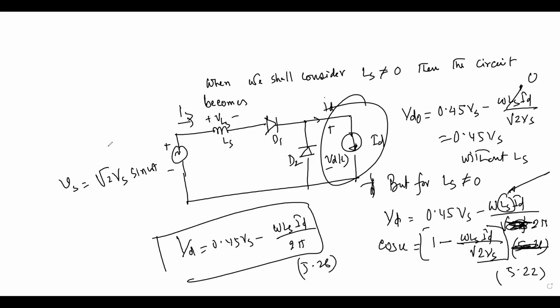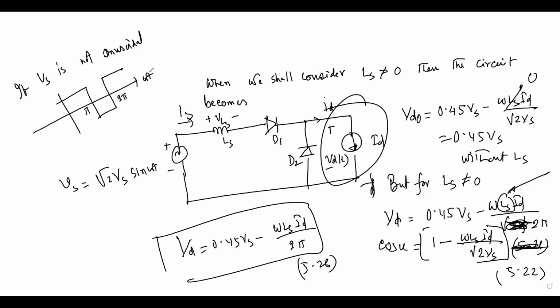And then we have also considered for the non-zero value of the Ls, if Vs is not sinusoidal, like this is your pi, this is your twice pi, this is your omega t, and this is your Vs. So instead of sinusoidal, how we can find out the cosine U and output voltage Vd?